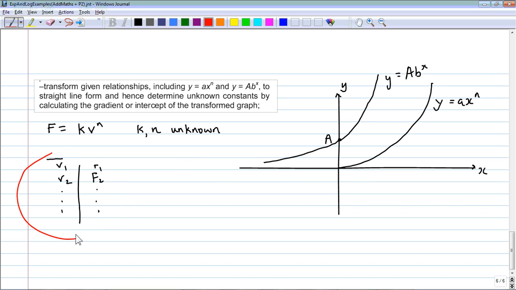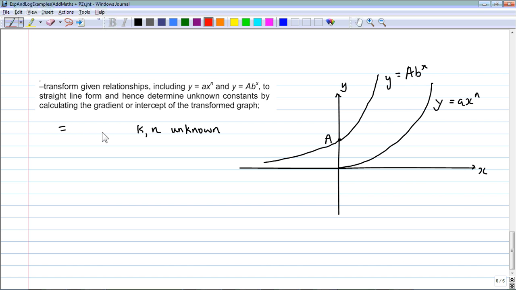I'm going to go back to the form x as the independent variable and y as the dependent variable. So instead of f equals kv to the n, I'm going to write y equals a times b to the power x.